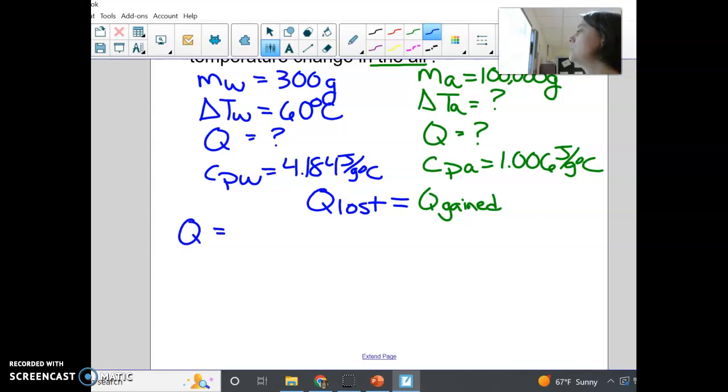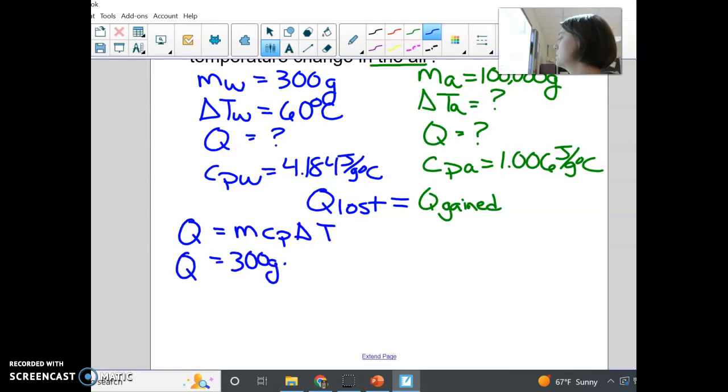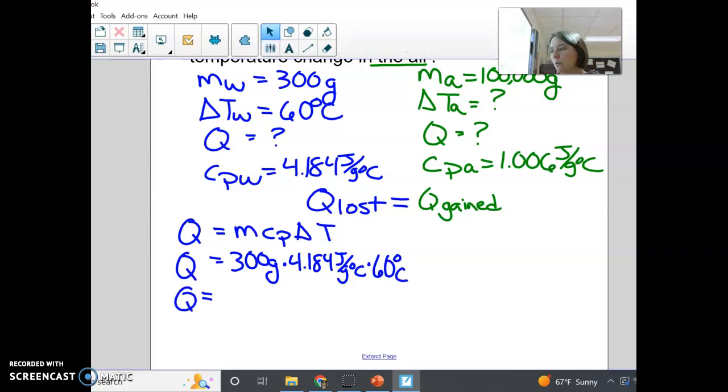So Q equals mCp delta T. And we know Q equals mass, which is 300 grams, times Cp, which is 4.184 joules per gram degrees Celsius, times our change in temperature, which is 60 degrees Celsius. And then I bring my variable and my equal sign down again, and now I can grab out my calculator.